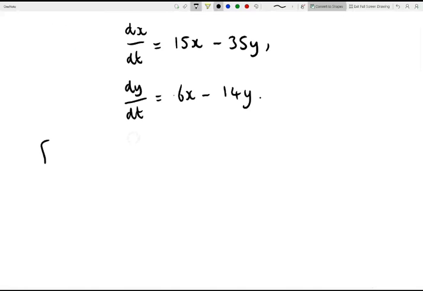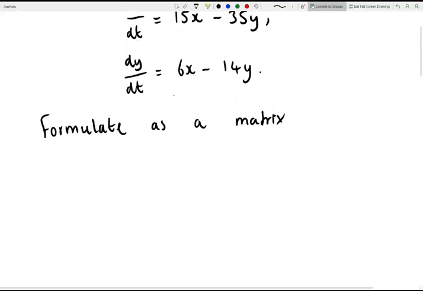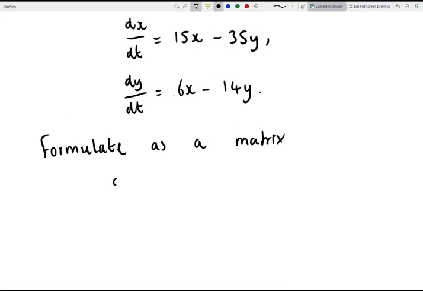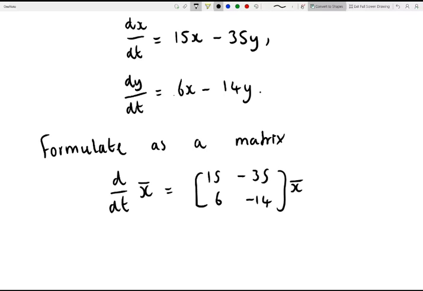First thing we have to do is formulate this as a matrix, and we can do this in the following way: by taking the t derivative of our solution matrix x bar is equal to a 2 by 2 matrix, the coefficients the same as above, 15, minus 35, 6 and minus 14, all multiplied by our solution matrix x bar.